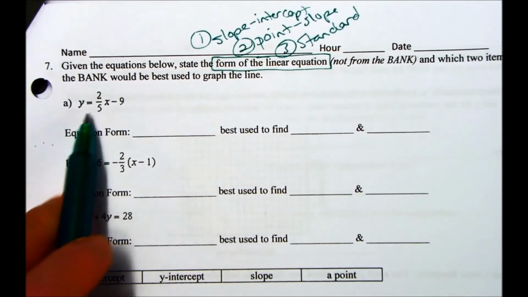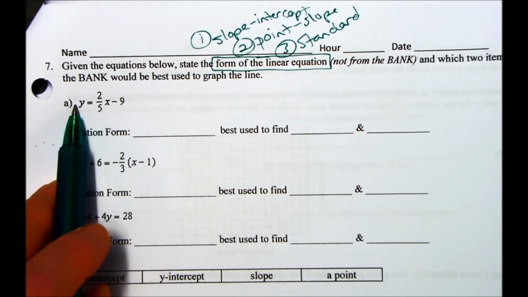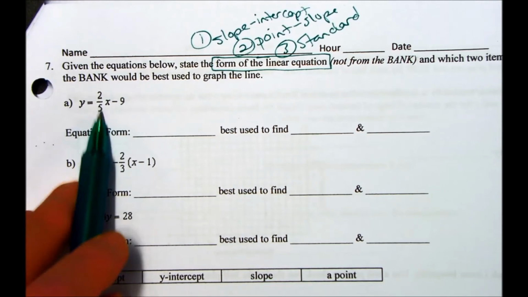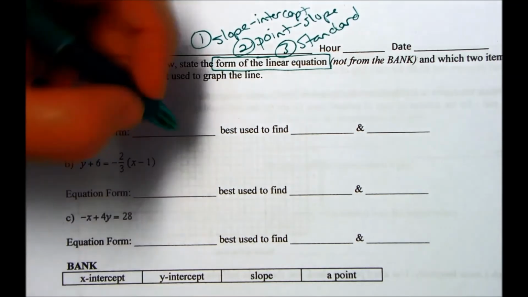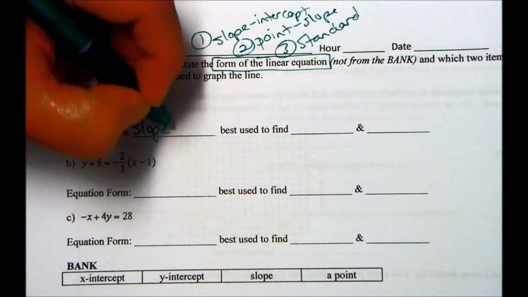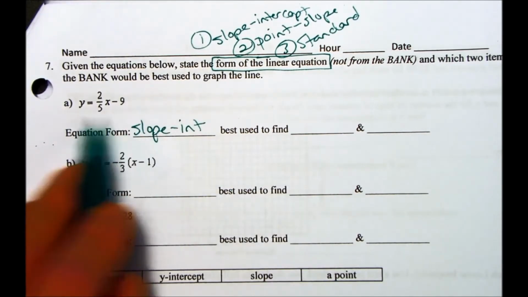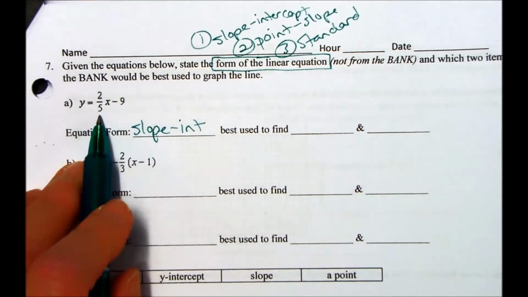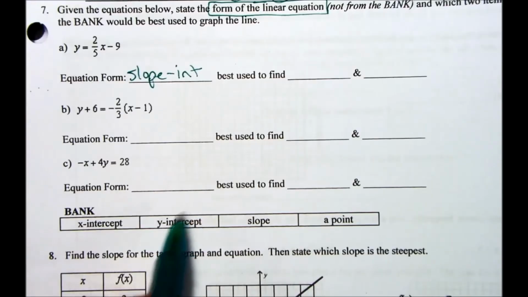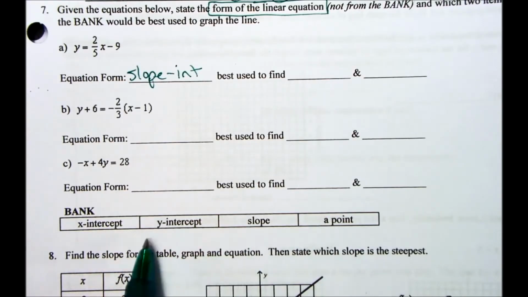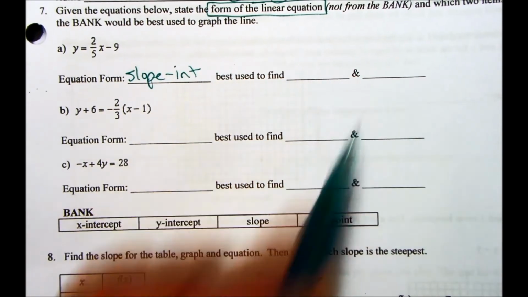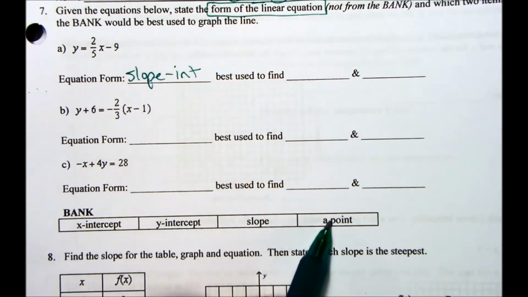So if we look at this example A here, that is in slope-intercept form. And it's best used to find, well, what do you see from looking at the equation? The slope and the y-intercept. So the bank is down here, so they're saying that these answers are going to come from this answer bank.